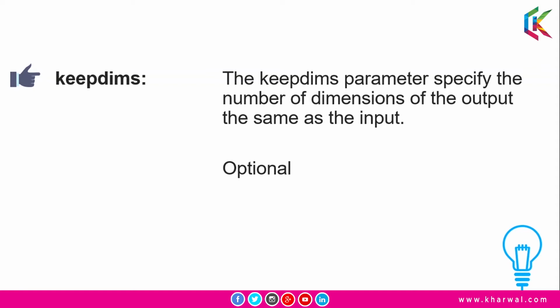Actually, it collapses an array down into a single scalar value. Technically, we are reducing the number of dimensions. And if we use the axis parameter, it reduces the number of dimensions by summing over one of the dimensions. So guys, if you use the sum function on a two-dimensional array and set keepdims equals to True, then the output will be in the form of a 2D array.